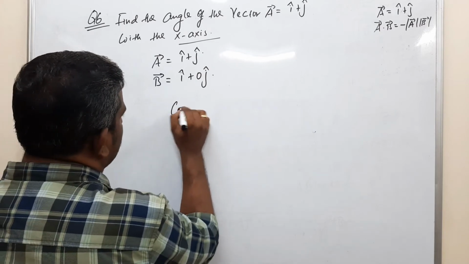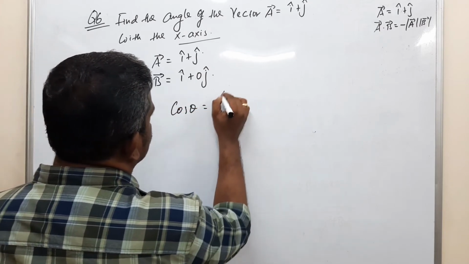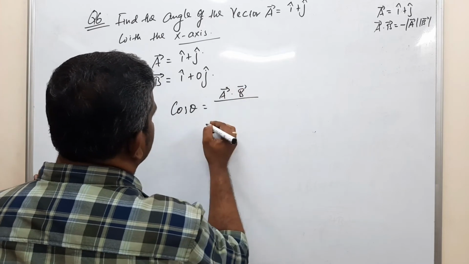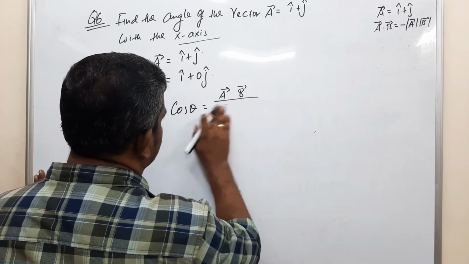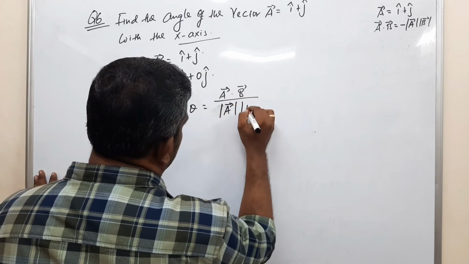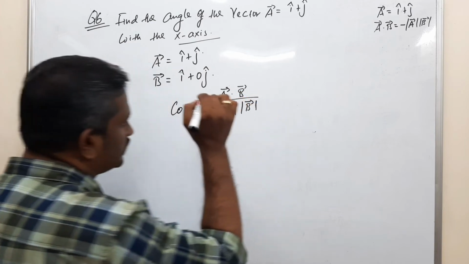So cos theta is equal to A vector dot B vector divided by modulus of A vector times modulus of B vector.